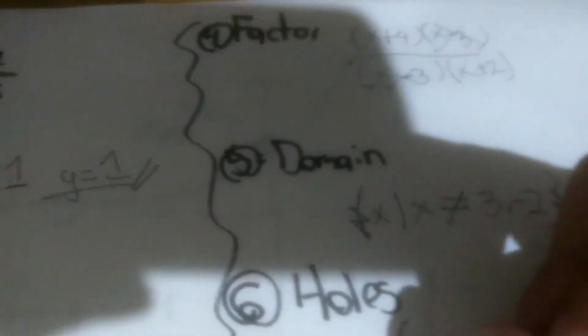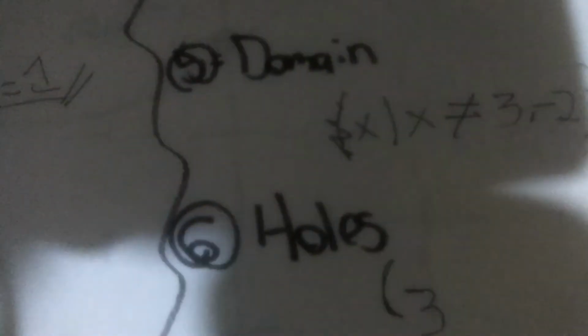Okay, the next step is to get the holes. Since in the factored form x minus 3 is repeated, we will cancel them, and it will make a hole in the function. So a hole will be at 3, since x can't be 3. And since we cancelled the x minus 3 up and down, we're only left with x plus 4 over x plus 2.